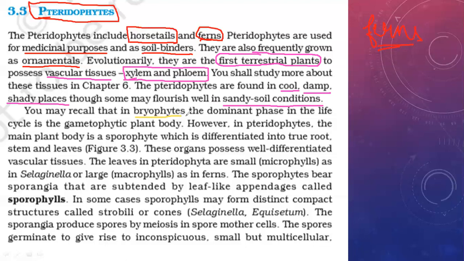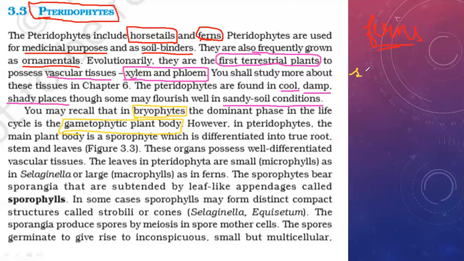So when I taught you about the bryophyte in the last lecture, we said that the gametophytic plant body is independent of the sporophyte, and it is the main dominant phase in the life cycle of a bryophyte.